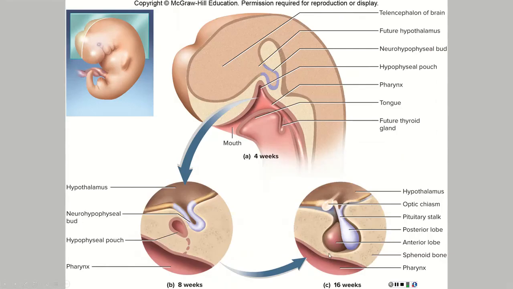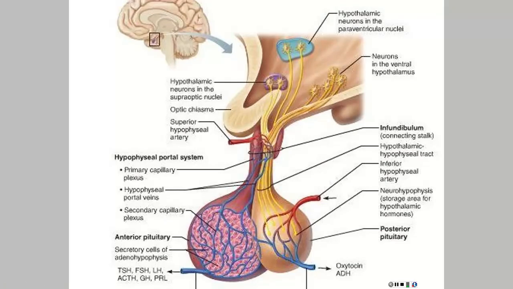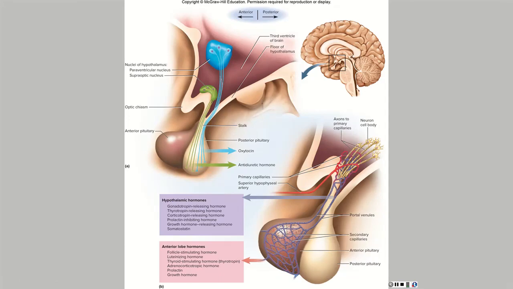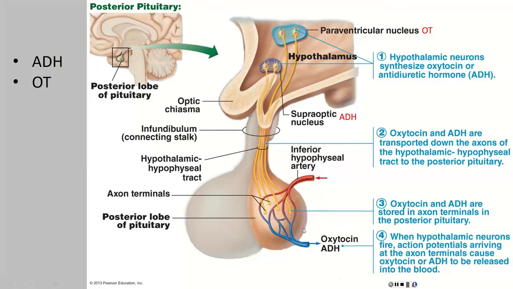If we go back to that other image, we can see all of those different blood vessels. Here's around the infundibulum, here it is around the anterior pituitary gland, and here around the posterior pituitary gland. So lots of blood vessels, and there are those axon terminals.